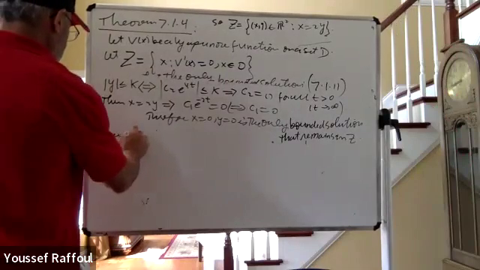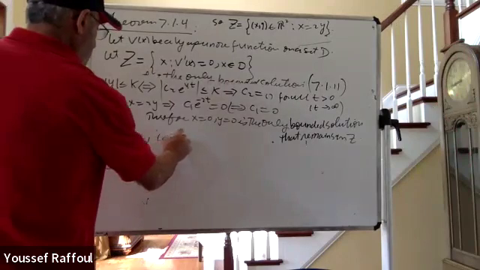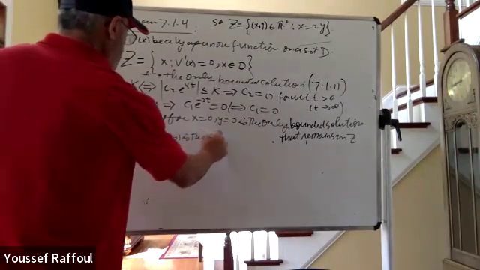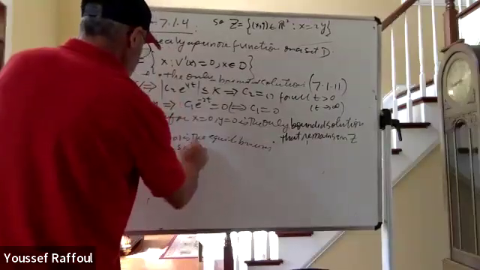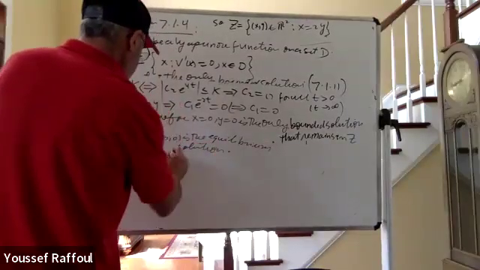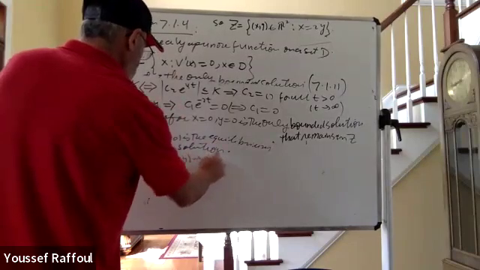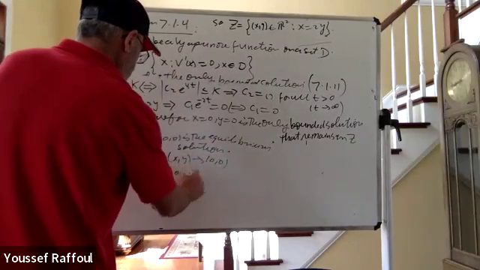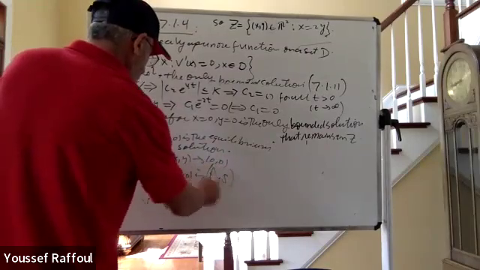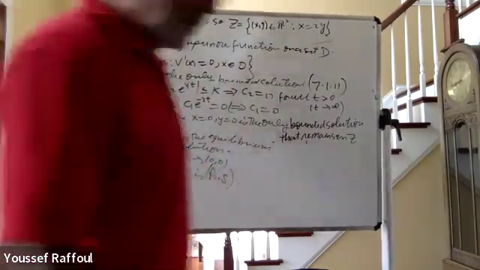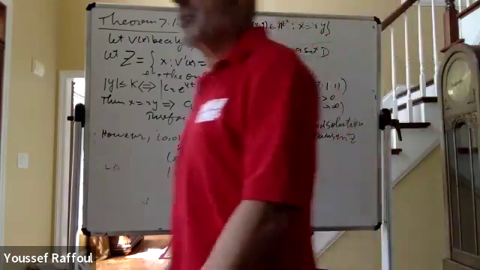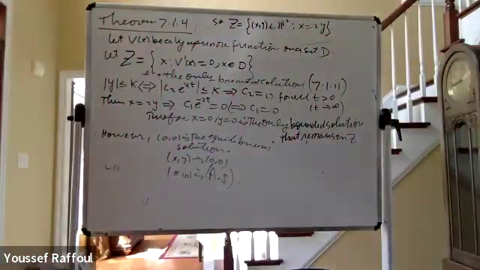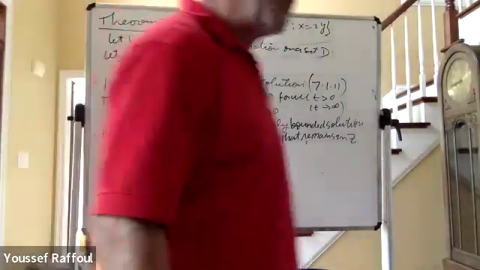However, 0, 0 is the equilibrium solution. That means x, y goes to 0, 0, and 0, 0 is asymptotically stable. Okay? So here is a theorem that tells us V prime is not less than 0 to get asymptotic stability.